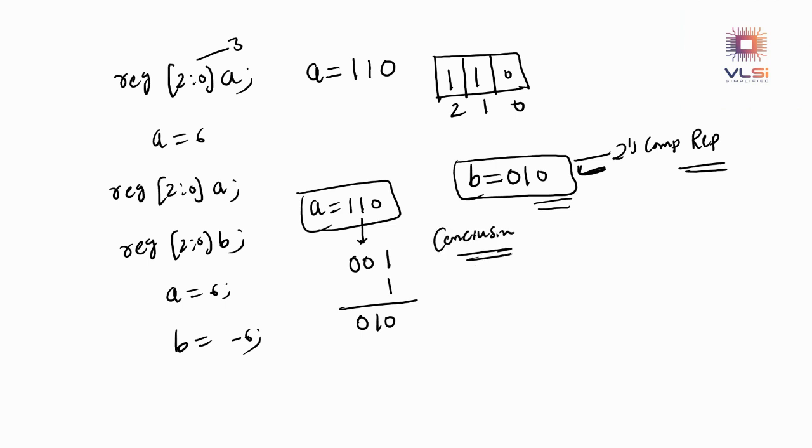Conclusion: net data types, that means wire, and reg data types are unsigned data types. So if you want to print this value, you are not getting -6, you are getting 2 only, the binary representation.